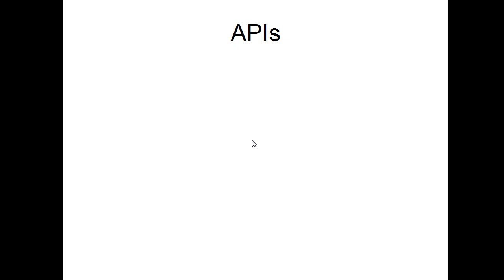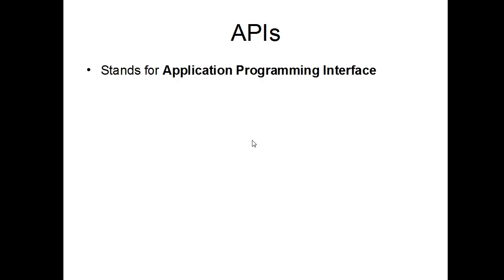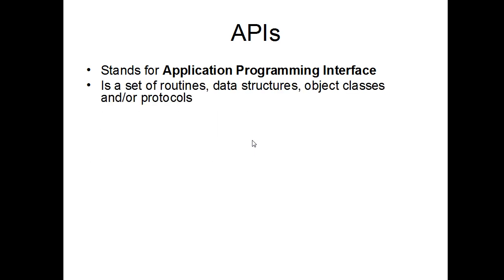What does API mean? Well, API stands for Application Programming Interface. It means that it's anything and everything that can be used to interface with an application. So it is basically a set of routines, data structure, object classes, protocols, anything that you can use to connect to something else.